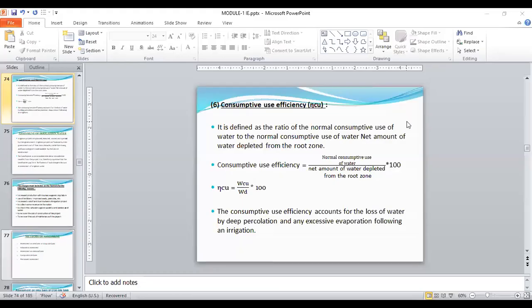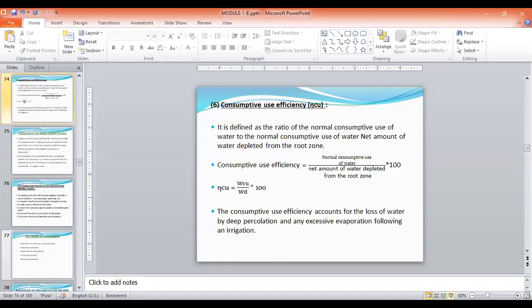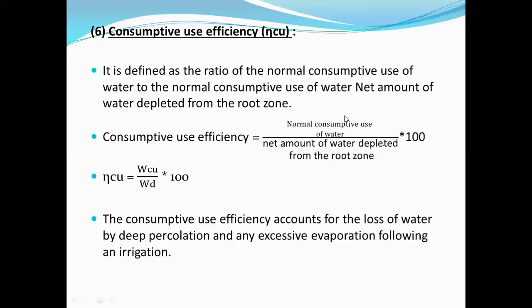So the next efficiency is consumptive use efficiency, which is denoted by eta CU. CU means consumptive use. It is defined as the normal consumptive use of water divided by the net amount of water depleted from the root zone, multiplied by 100.